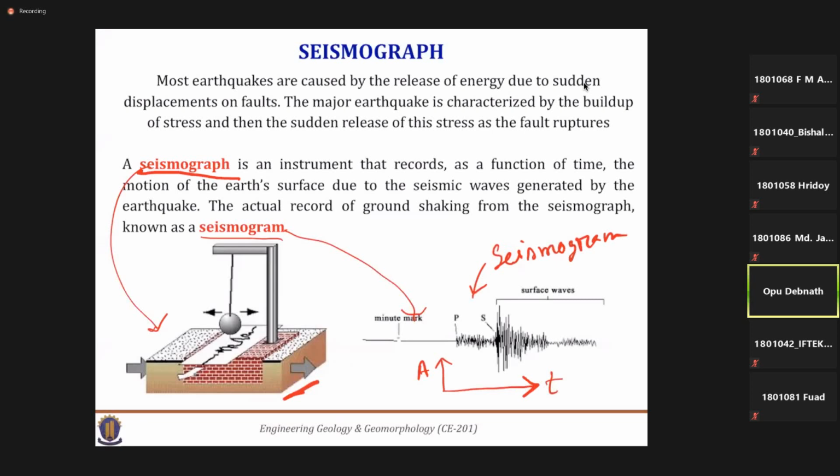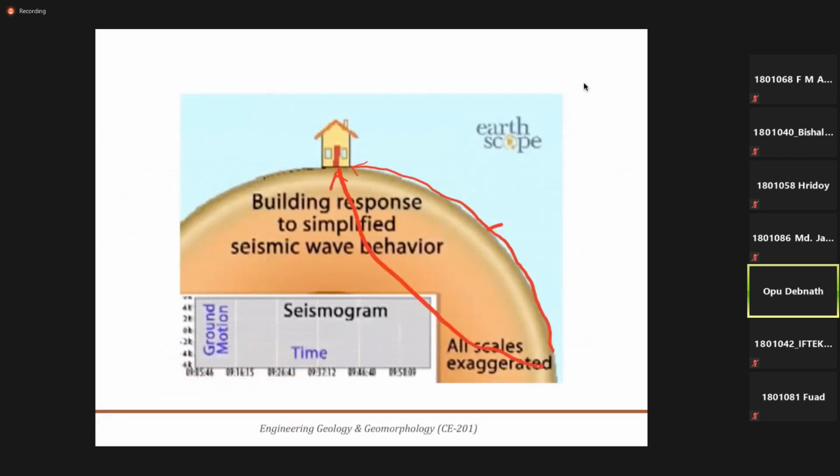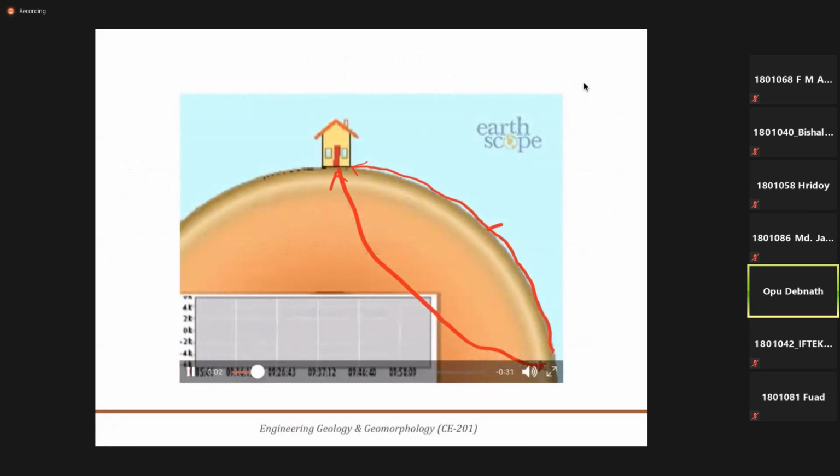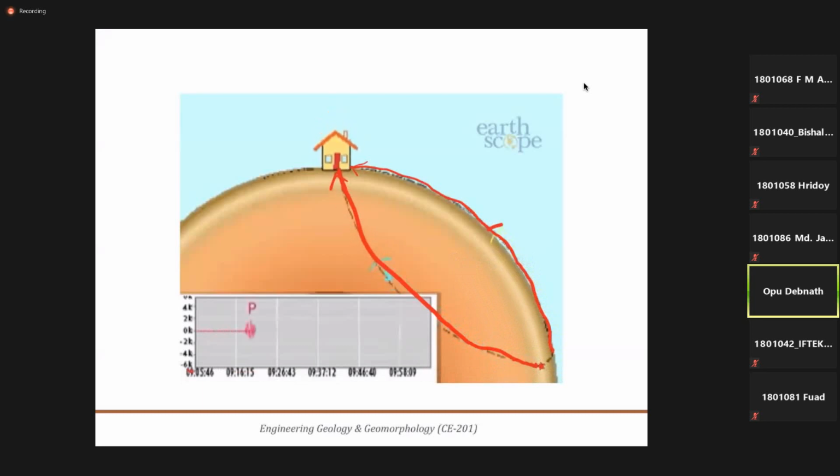Suppose the first one will be the P wave, and thereafter the S wave, and so on. This is the record of how the seismogram records the earth waves. The recording will be in terms of time.